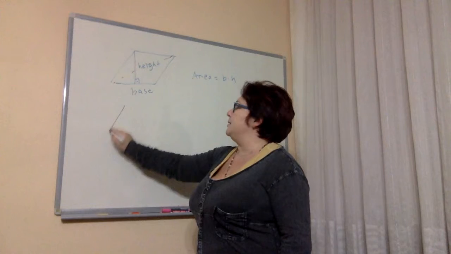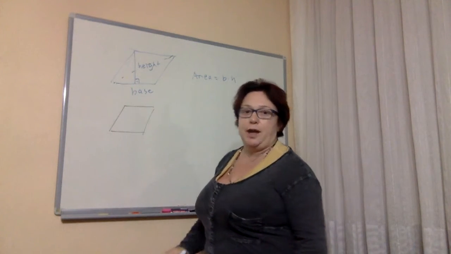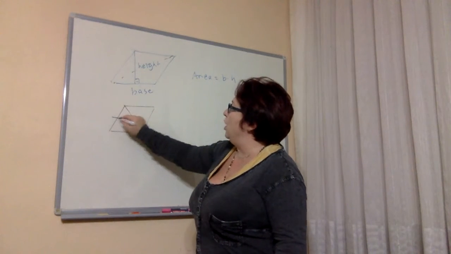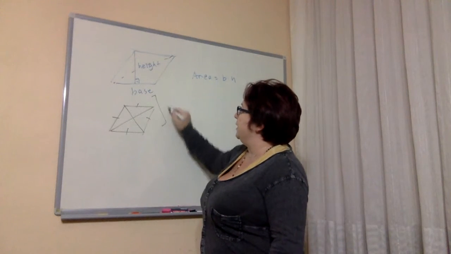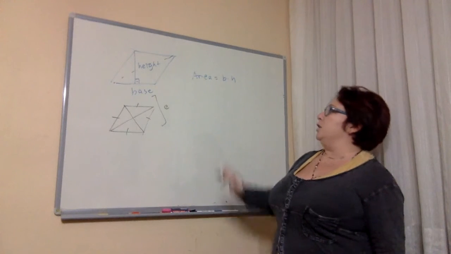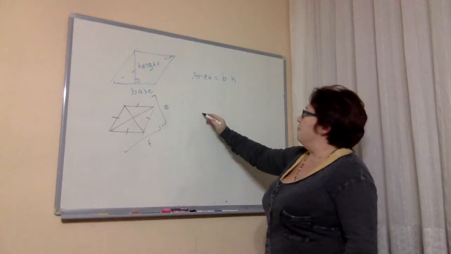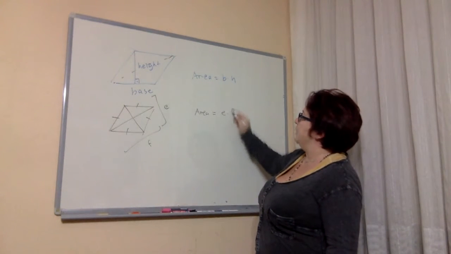A rhombus is also a special kind of parallelogram, so you can use the base times height formula, or, because the diagonals are perpendicular, you can simply take the diagonal lengths, say E and F, and take the product of the diagonal lengths and divide by 2.